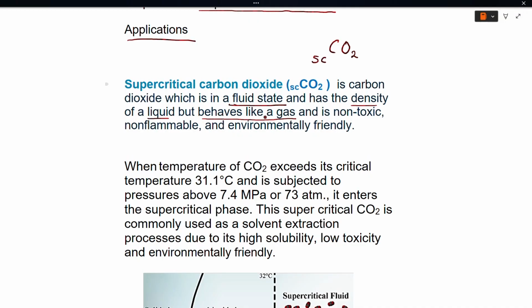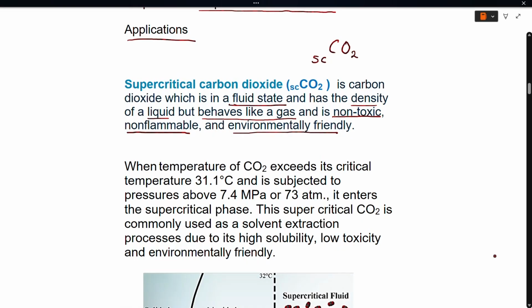So its density will be almost equal to that of the liquid, but it behaves like a gas, and it is non-toxic, non-flammable and environmentally friendly. So this type of carbon dioxide is known as supercritical carbon dioxide, and from this itself we can guess that this carbon dioxide exists at critical conditions.